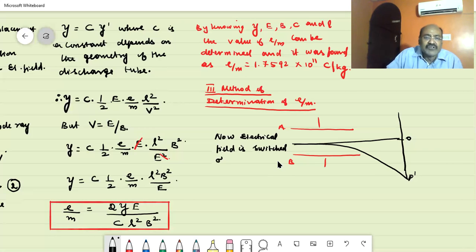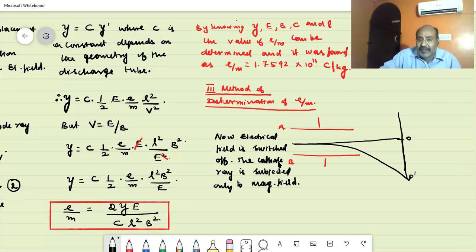When you are switching off the electrical field, what will happen? The cathode ray is subjected only to the magnetic field B. When the cathode ray is subjected only to the magnetic field B, what will happen? A force will be developed on the cathode ray by the magnetic field.